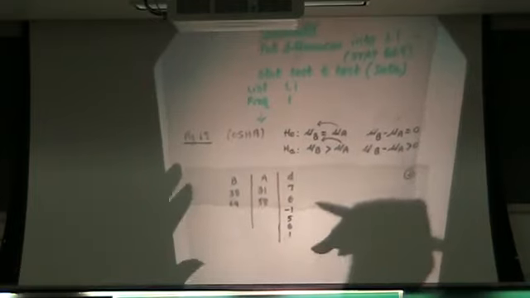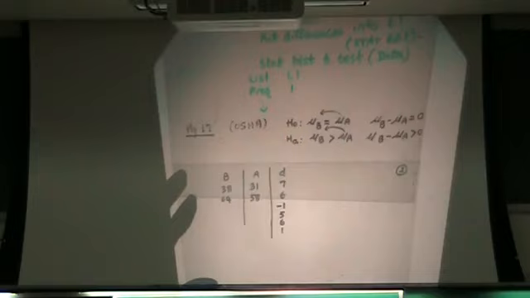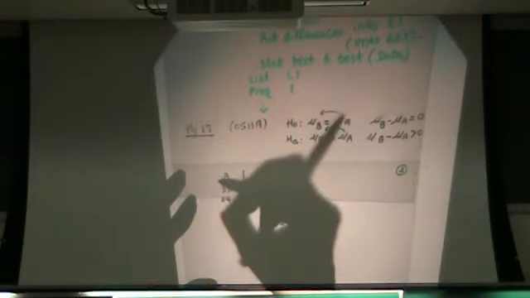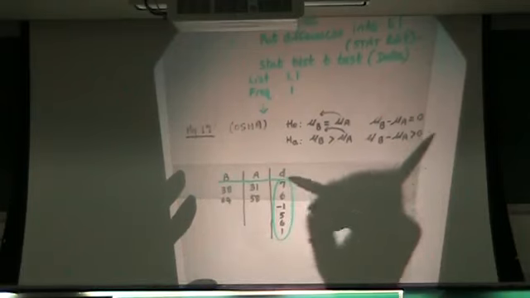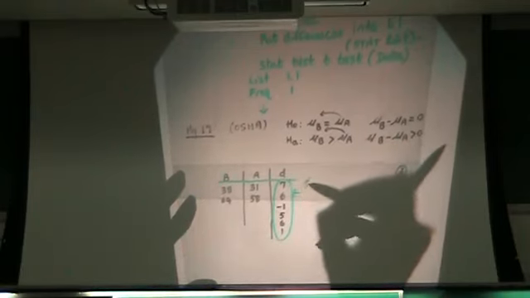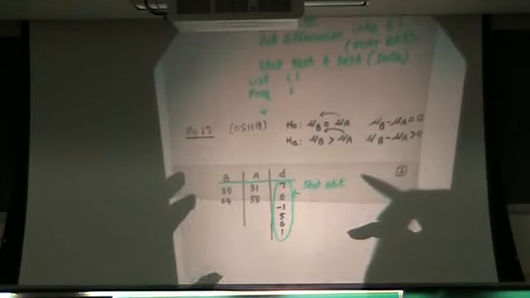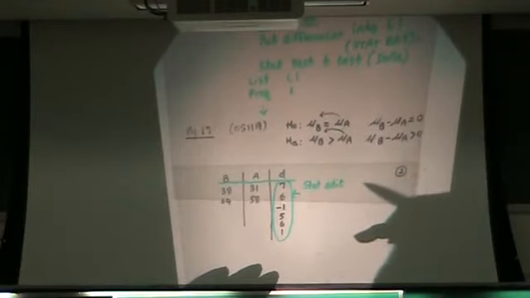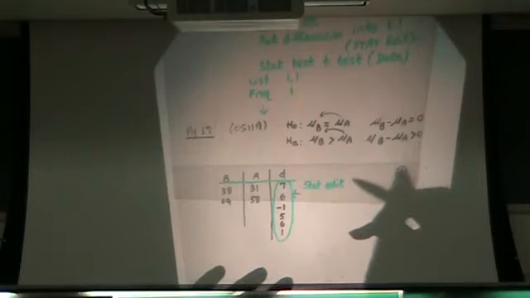So the first thing you do is you find these differences and you immediately put this into L1. Go ahead. Put this list into L1. Stat, edit. Make sure that list is empty. If it's not, go up to the name of the list and hit clear and hit enter. Make sure that list is empty.